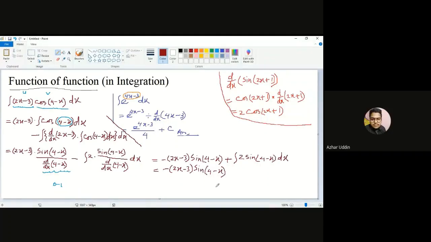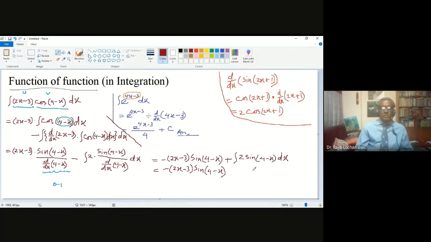Again, function of function concept. Let me write the plus sign first, then within bracket minus cos, another bracket 4 minus x, and then divided by d/dx of 4 minus x. So it is actually minus 1, so you can write minus 1, no problem.